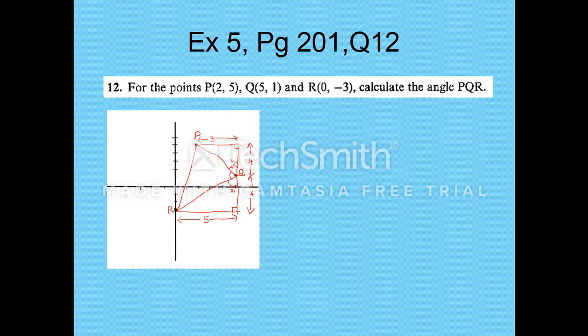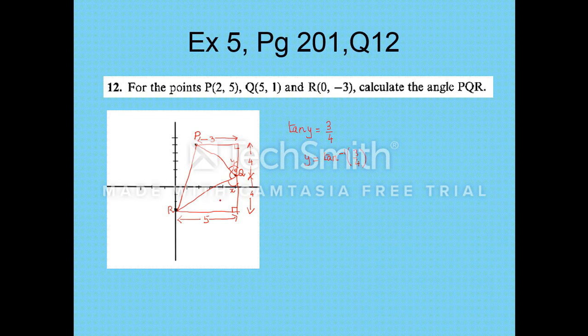So from this diagram, if I talk about this triangle, for the angle y, we can say tan of angle y will equal 3 over 4 because that's the way the tangent ratio goes. So y is equal to tan inverse of 3 over 4.